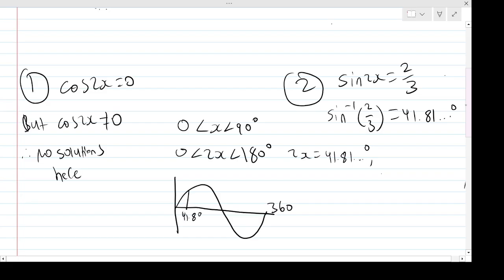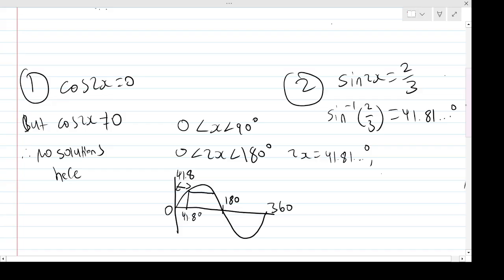41.8 degrees. Now again, because of the symmetry around the hump of the curve, at the top of it, at either end of the curve, it's symmetrical. So at the other end, it's 180. With that in mind, the next solution would be there, which means the gap between one end at 0 and the first solution is 41.8.